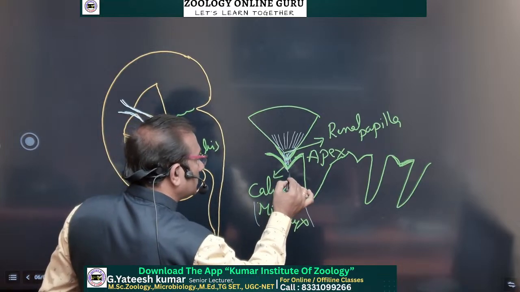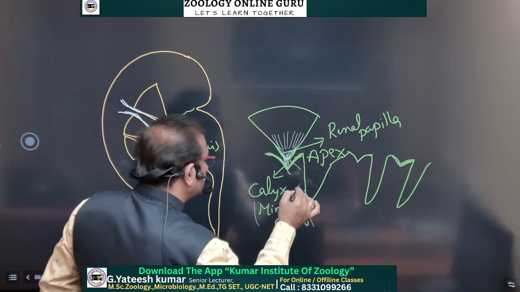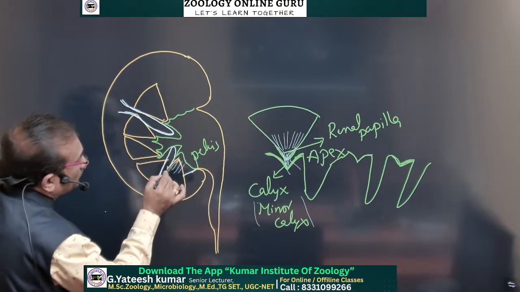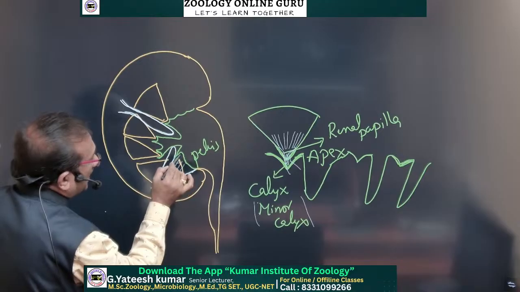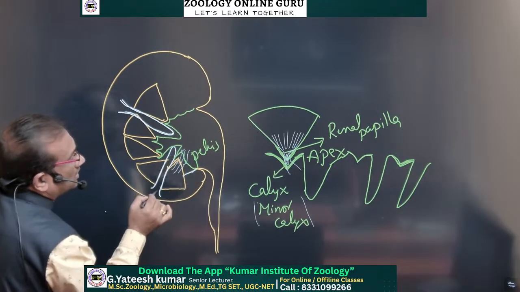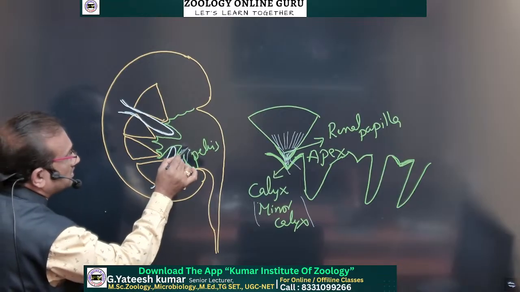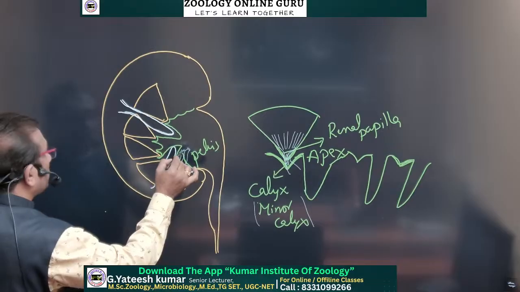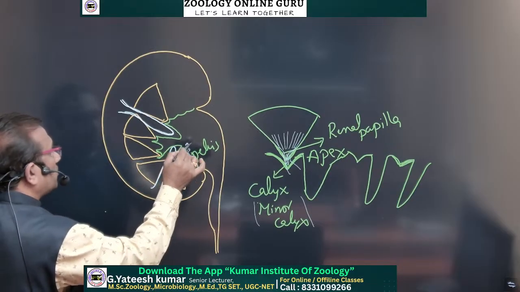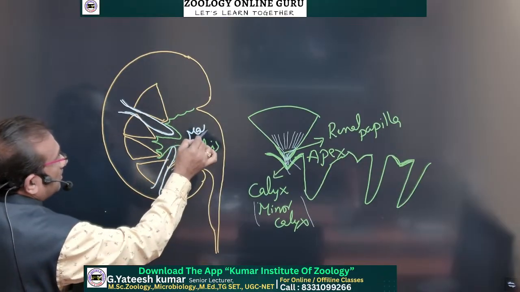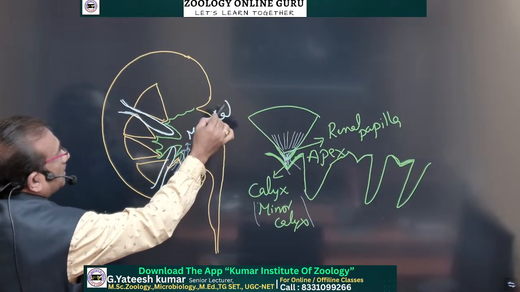From the calyx they open into the pelvis. In the pelvis they open into a single tube, which looks like a broad area, and this is called the major calyx.